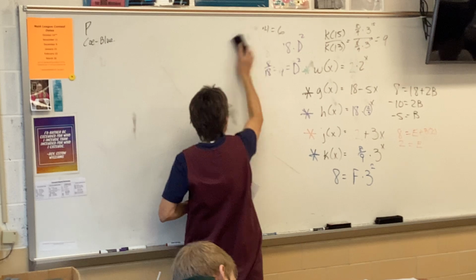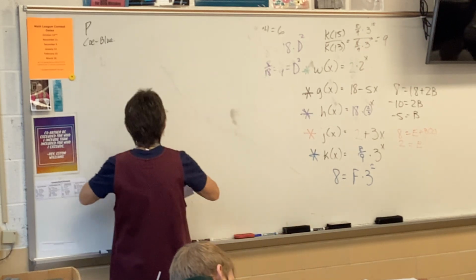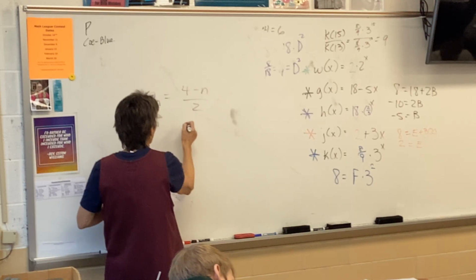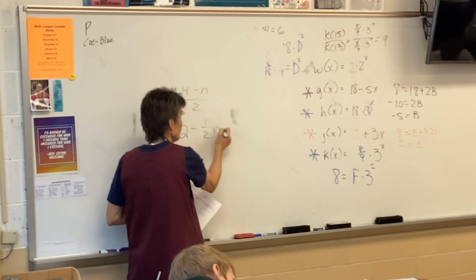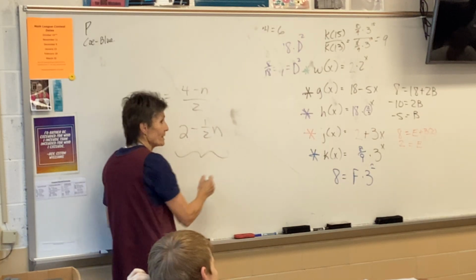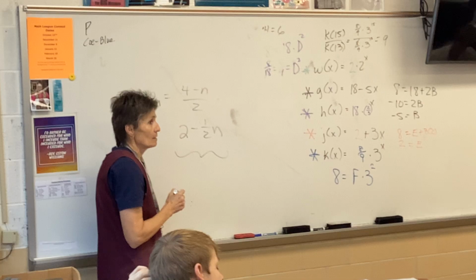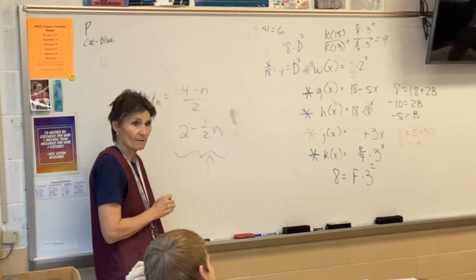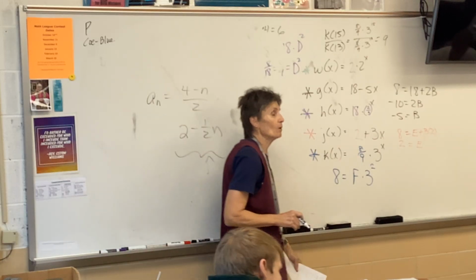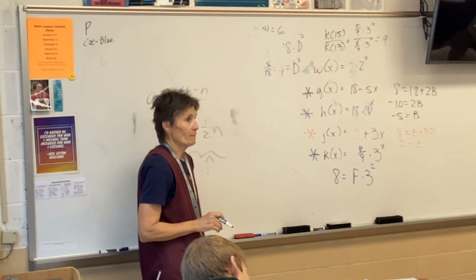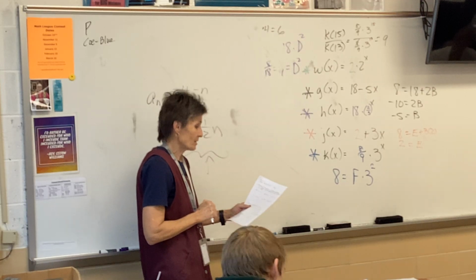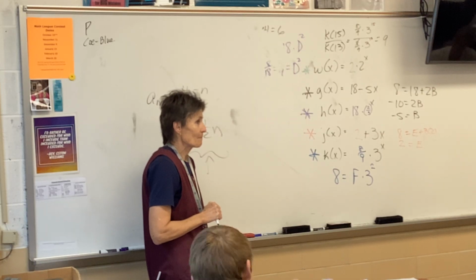Yeah, but we also could have looked at it as 2 minus 1/2 n. And isn't that y equals mx plus b? So there's a slope or a common difference of -1/2. And what about F? Oh boy. What about F? Geometric. It's definitely geometric. And what's its ratio? -1/2.